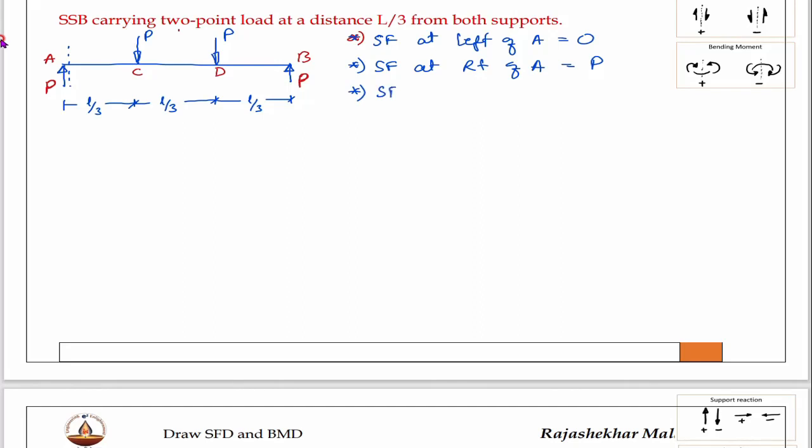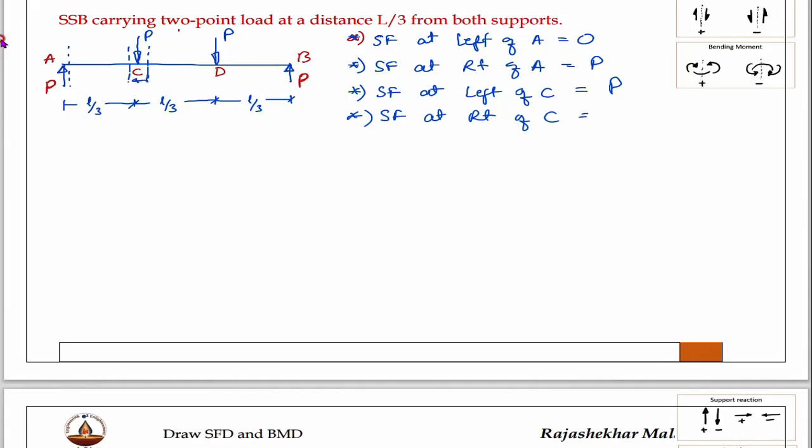Next, shear force at this one, left of C, and observations we will make on the left side. Again only one force you are seeing, that is P. Okay. Then shear force at right of C. Right of C means this section, and observations will be made on the left side only.